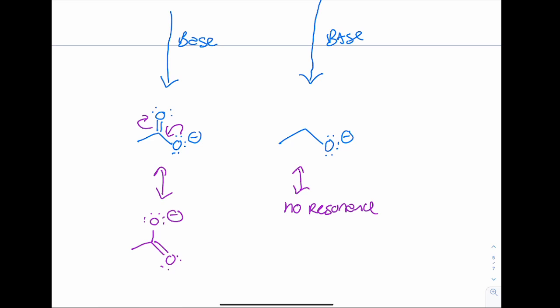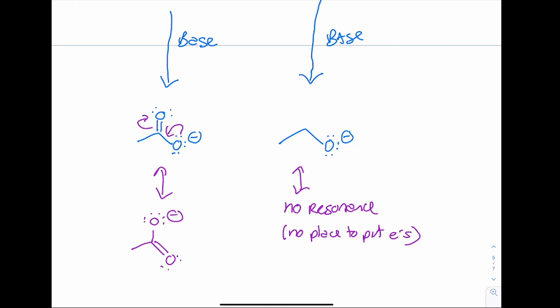I have an electron source. There's lone pairs on that oxygen, but there's no receptor. There's no place to put them. That carbon in the middle here has 2 hydrogens on it. So if I was to try to move electrons to it, I would end up with 10 electrons on that carbon, and I can't do that. So no electron receptor on that one. No place to put electrons.